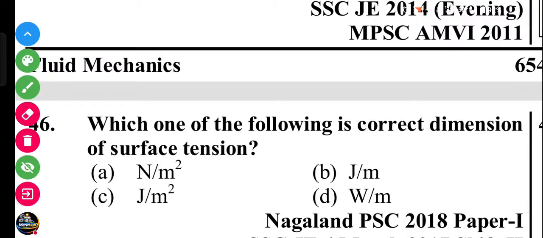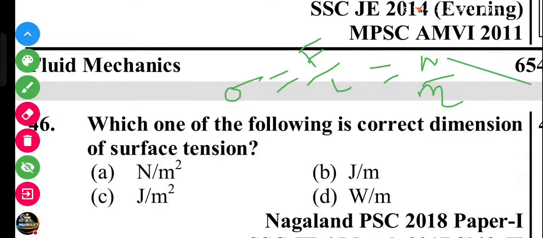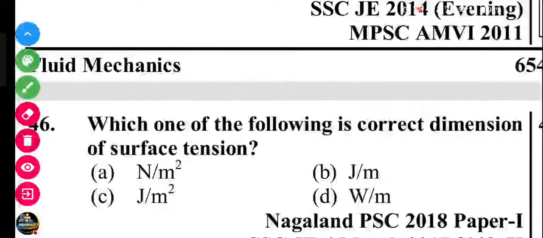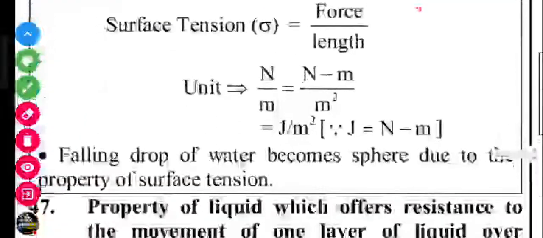Surface tension is surface tension force per unit length, so Newton per meter. If we multiply the meter on both sides, we get Newton meter per meter square, and Newton meter is also called the joule, so joule per meter square. C is the answer. Let's check the answer. Yes, C is the answer, and this process is the same as mine.